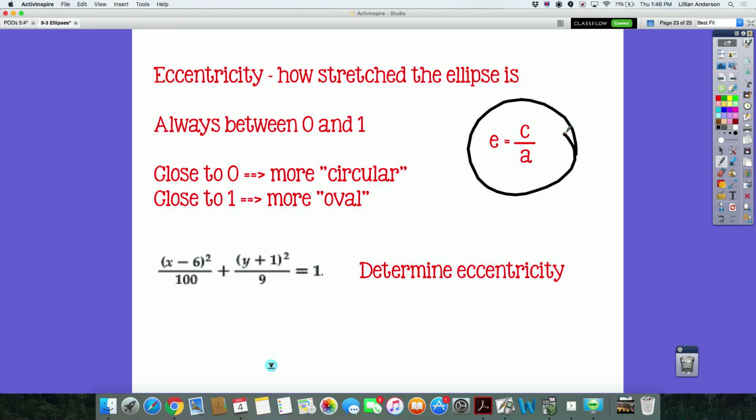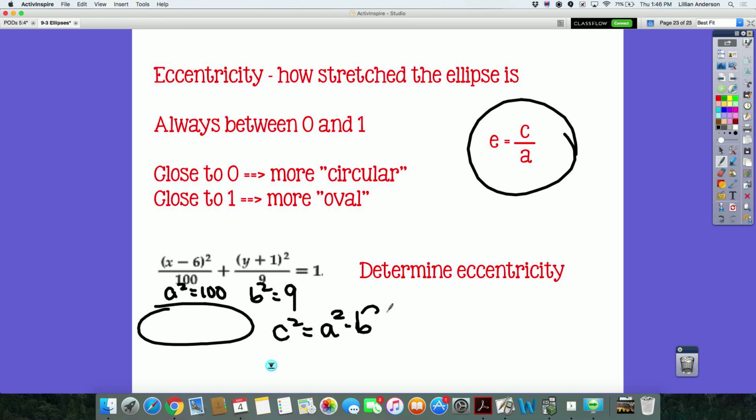So to determine the eccentricity of this particular ellipse, first off, just based off of our denominators, we know that this is going to be a horizontal ellipse because our larger denominator is underneath our x's, which means that a squared is going to be 100, and then b squared is going to be 9. We need to know the value of c, so we're going to use the formula c squared equals a squared minus b squared.